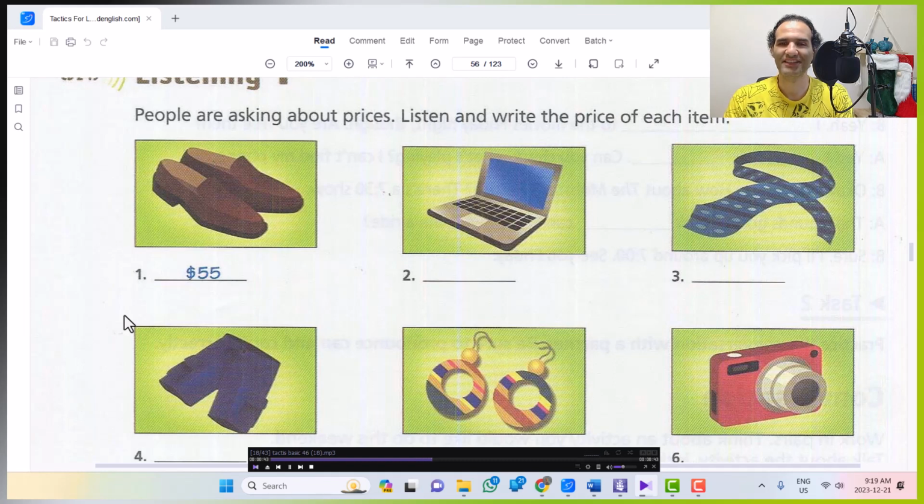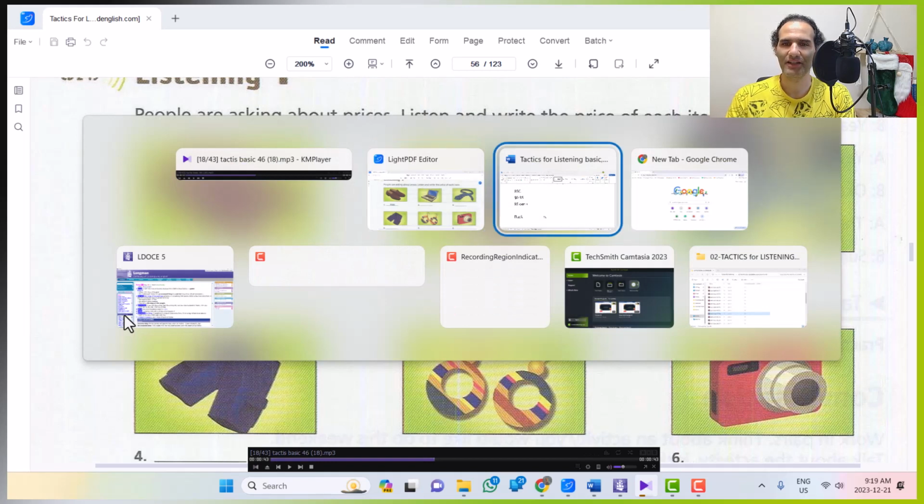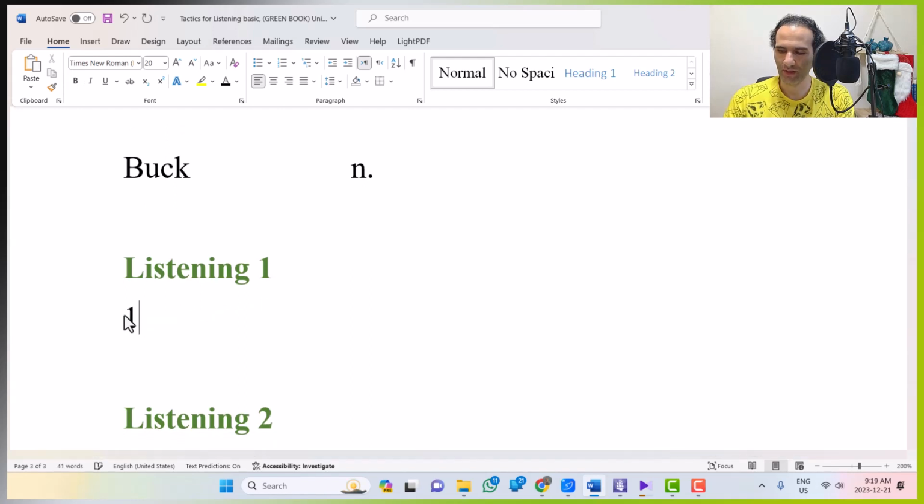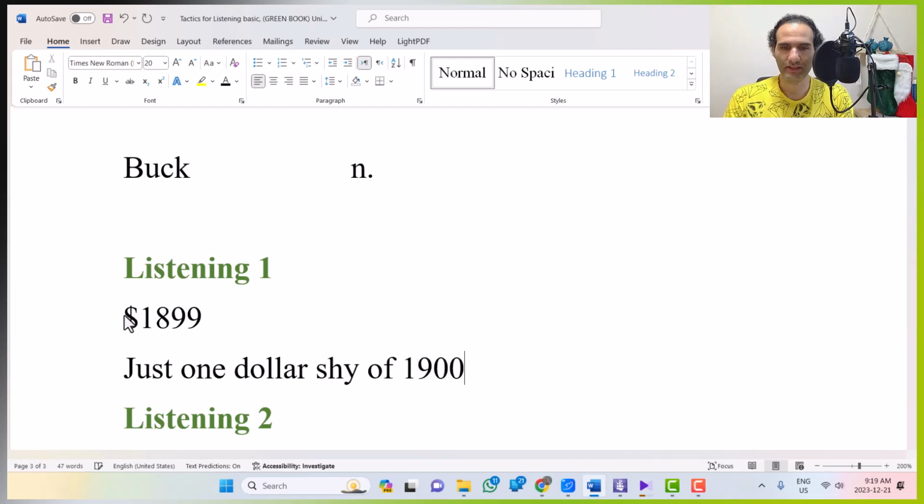So the price, could you write it down? So the price was kind of big, and that was just $1 shy of 1900. $1,899, and the symbol of the dollar. Yeah. So we say it is just $1 shy of 1900.